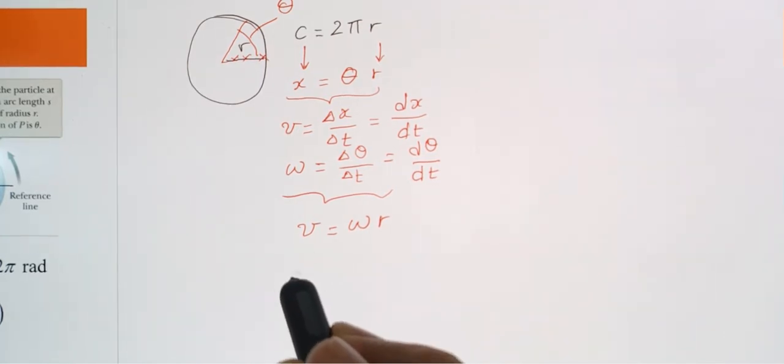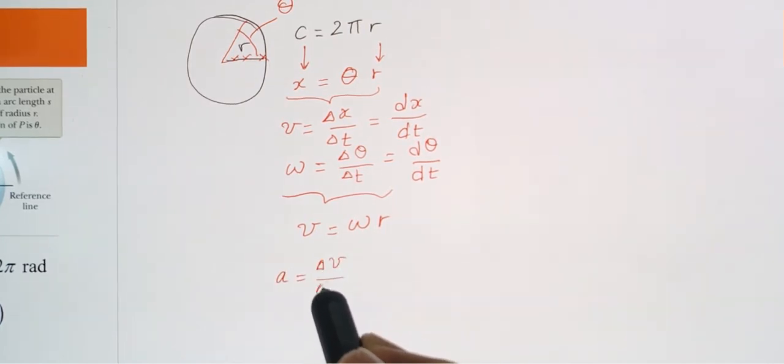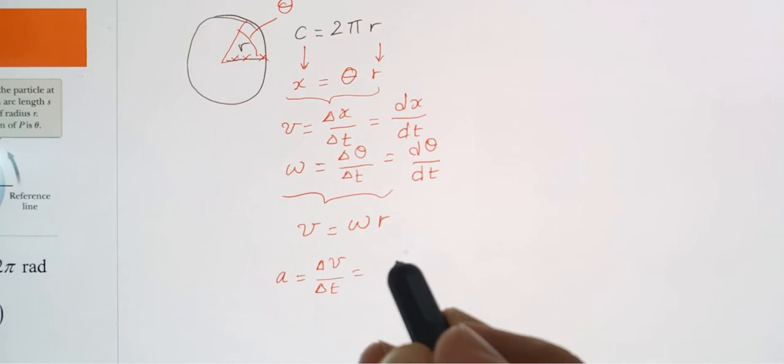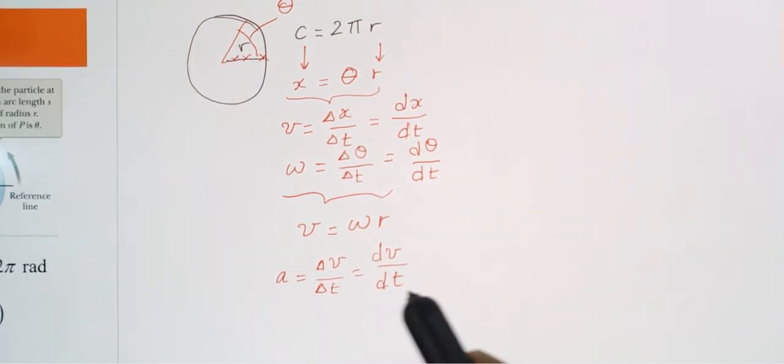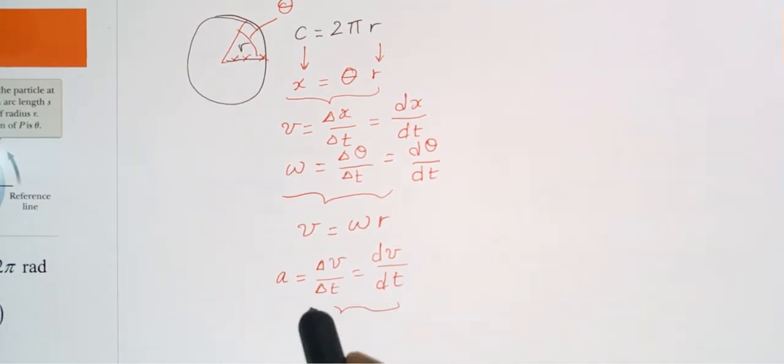Well, what is the acceleration? It is delta v over delta t, and it is equal to the derivative. We apply the same concept, so we end up with the linear acceleration, or translational acceleration, which is nothing but alpha multiplied by r. And what is alpha?